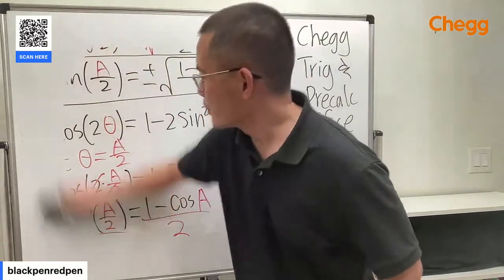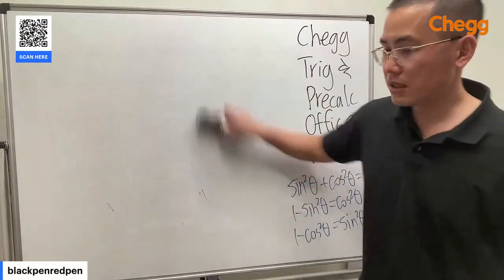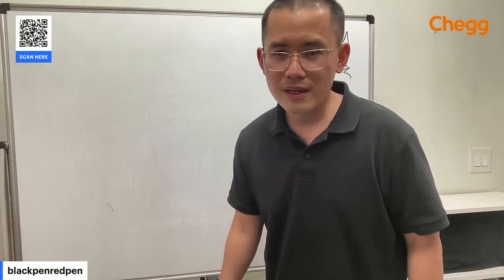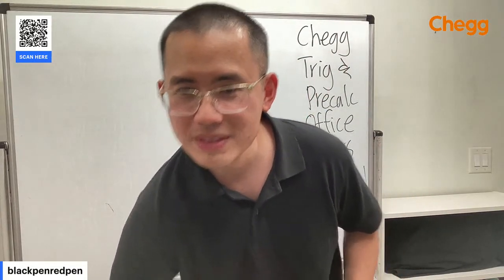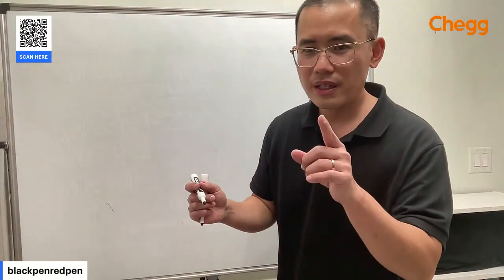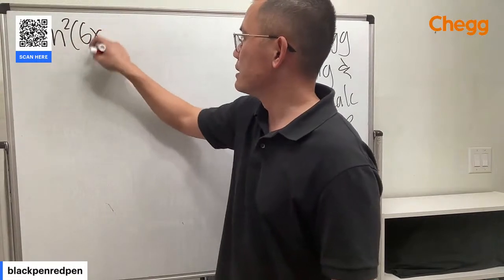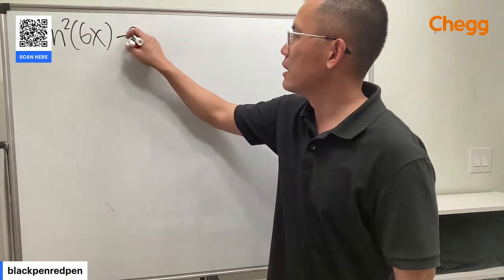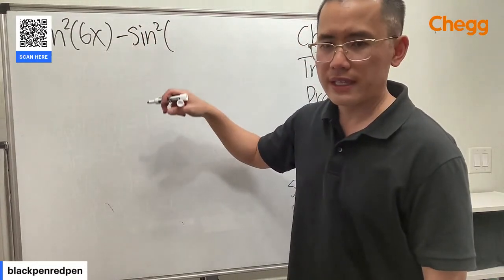So here, I'm going to erase this. Okay. I don't want to miss the question. So sine square of 6x, and then we are going to minus sine square of 4x.